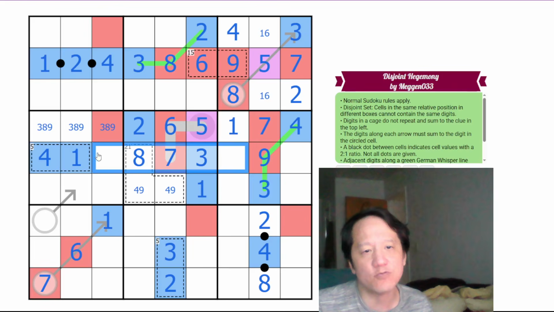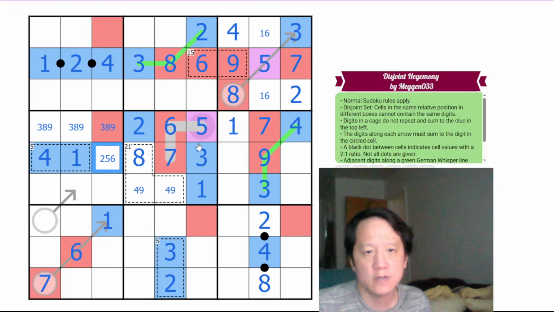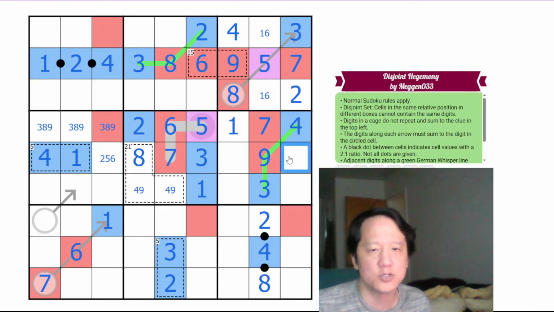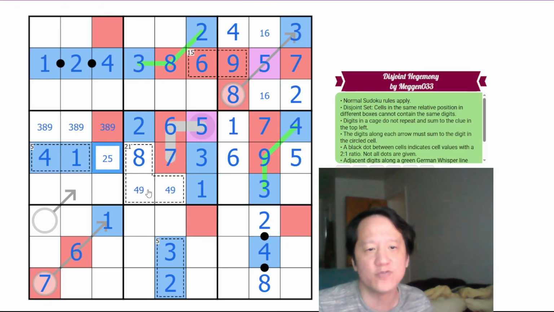Remaining digits of row 5 are 2, 5, and 6. And they cannot be 6 in the right central position. So this is 2, 5, 2, 5, which forces this to be 6 there. 2 eliminates 2 here, so it's 5 and 2.